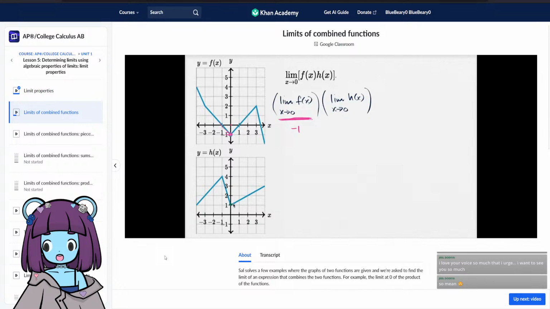Looks like it's equal to 1, like I said, so from both sides it approaches 1 when x approaches 0 from both sides. Continuous function, yeah, so it's 1, and you just multiply the two, so you get -1.